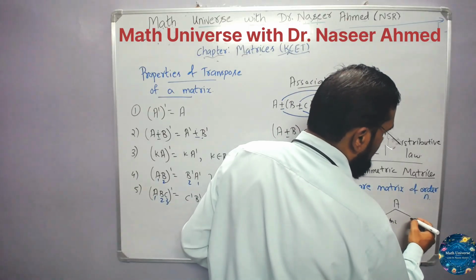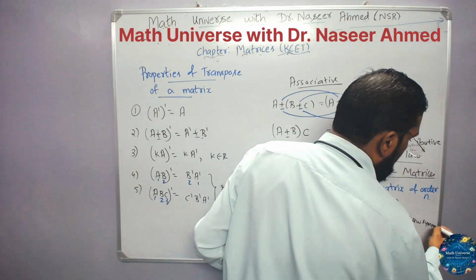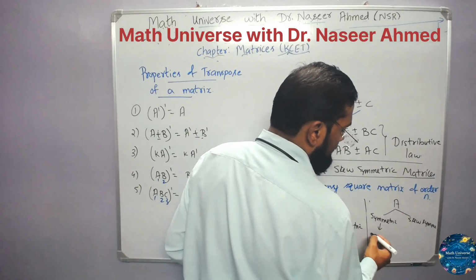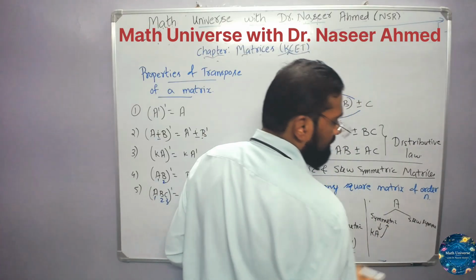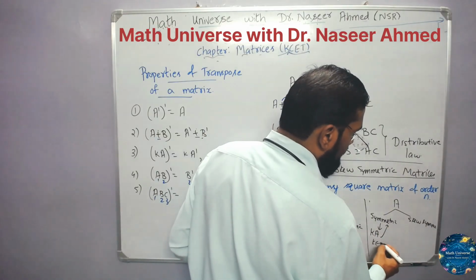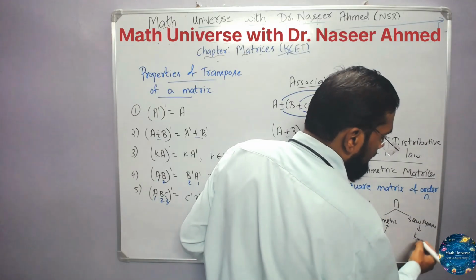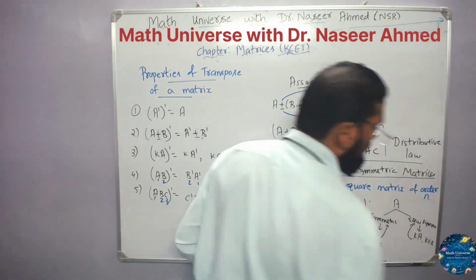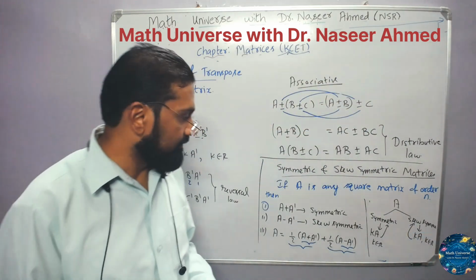And let us suppose a case where A is a skew symmetric matrix. Now in that case, if I multiply the matrix A by K, it is again symmetric only, where K is any real number. Similarly, for a skew symmetric matrix, if I multiply by scalar K, again it is skew symmetric only. So a scalar multiple will not change the symmetry or skew symmetry of a given matrix.